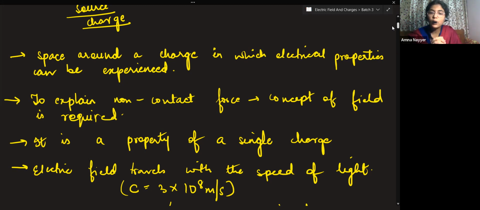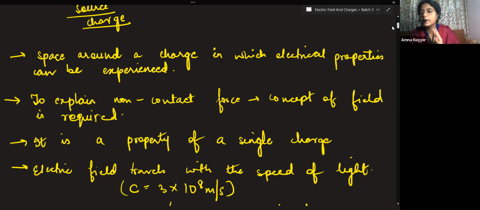But in case of electric field, even if you have a single charge, that charge will have its own electric field. So this is a property of a single charge. Apart from this, you should remember that electric field is a vector quantity. It means it has its direction and its magnitude.